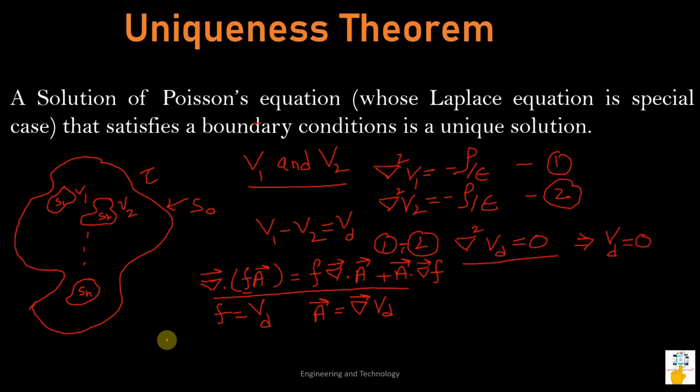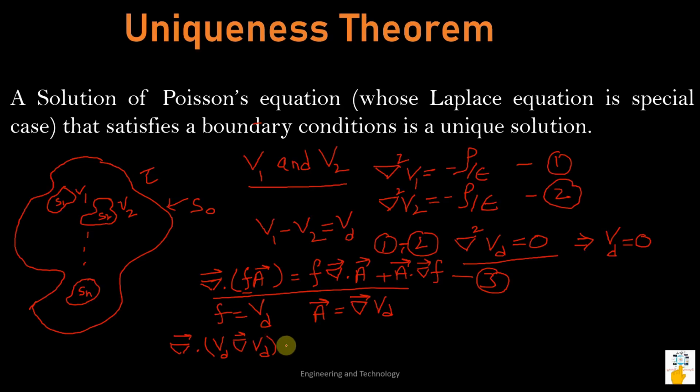This is the third equation. If you put f equal to Vd and A equal to del Vd, you will get del dot of, as it is, the value of f is Vd. What is the value of A?